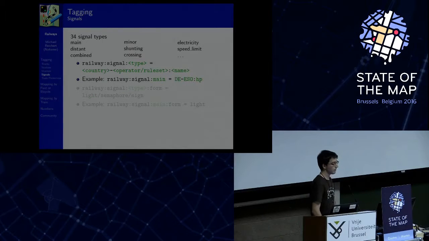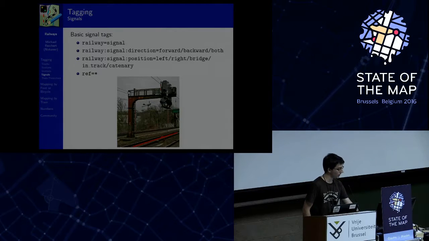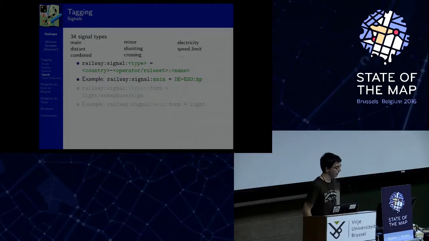And if you map a railway signal, you use railway:signal:, the type, for example main, and the value is encoded with the country, the operator of the railway line, or the rule set which is used, and the real name of the signal. For example, the signal on the last slide, that's a German main signal of HP type, and therefore it is tagged railway:signal:main=DE-ESO:HP.